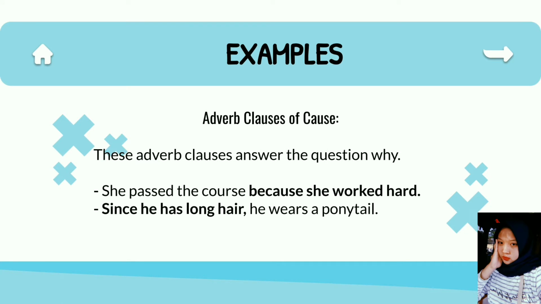And the next example is adverb clauses of cause. This example also answers the question why. She passed the course because she worked hard. And the next example: since he has long hair, he wears a ponytail.